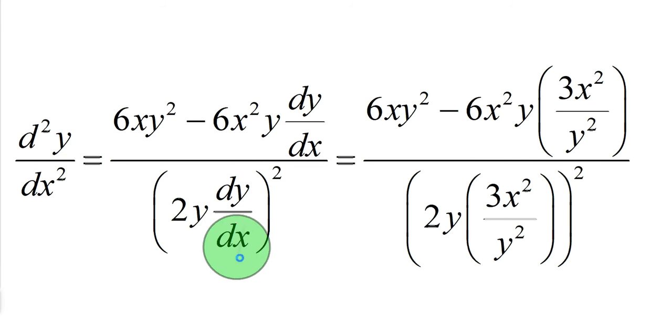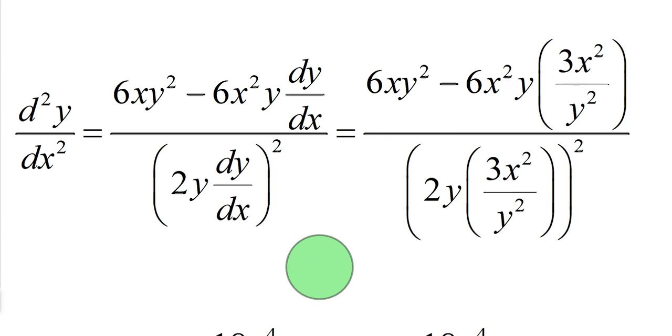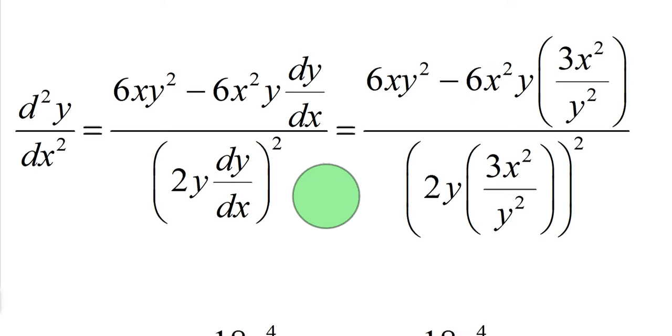So what we will do is every time there's a dy dx, we will replace it with 3x squared over y squared. That's all we're doing here, just substitution in those two expressions, and then we're just going to simplify that. Okay, let's take a look. So first of all, we can see that this 6 and 3 becomes 18. All right, and then this x squared and this x squared becomes x to the fourth. And also, we'll just have a y on the bottom.